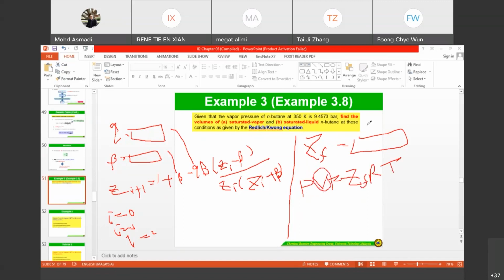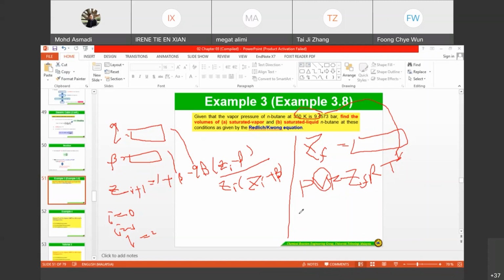Just substitute all the values of the pressure, the compressibility factor that you determined from the iteration process, R that is the constant, and also the temperature. Substitute here, and you can get the value of V.